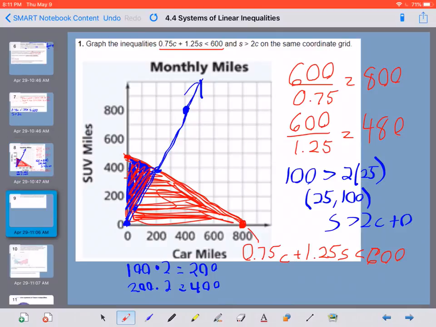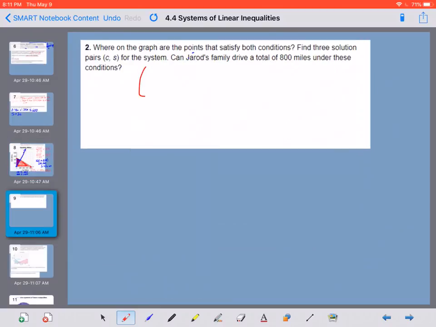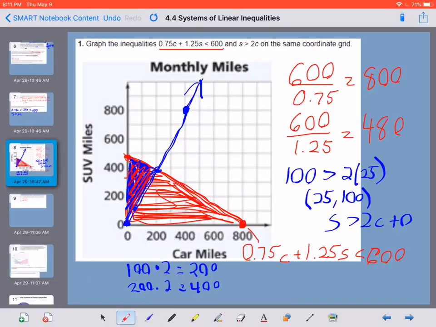Find 3 solution pairs for the system. Okay, well, if I go back, it looks like 0, 200 could be a solution to both inequalities. So I could write 0, 200. Looks like to me 100, 300 would work.